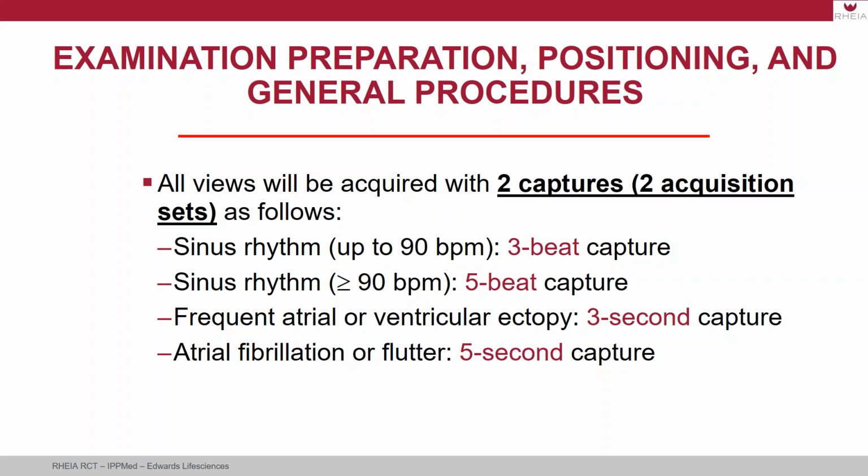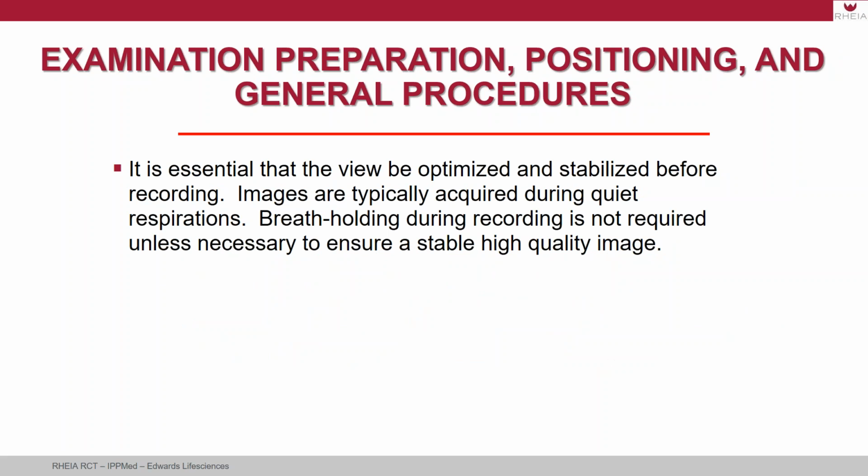And per capture, it's generally a 3-beat acquisition if the patient is in sinus rhythm. If the patient is in tachycardia or AFib or atrial flutter or has arrhythmia, then we like to have longer captures, more beats. So don't hesitate to give us more images if the patient is arrhythmic.